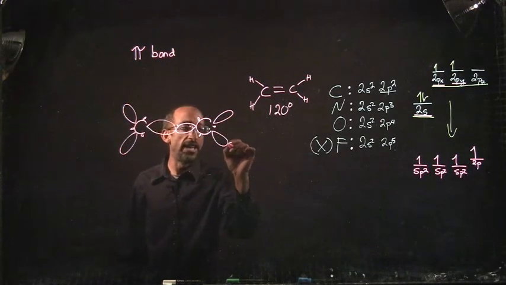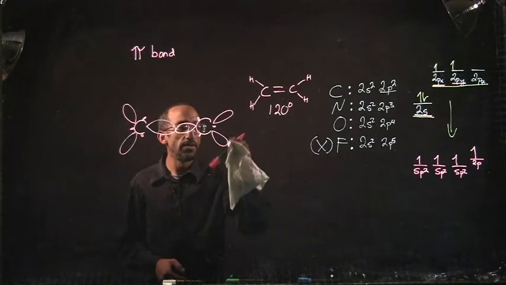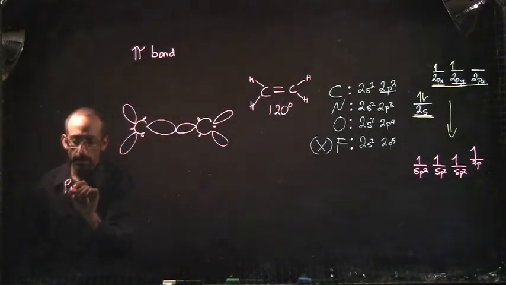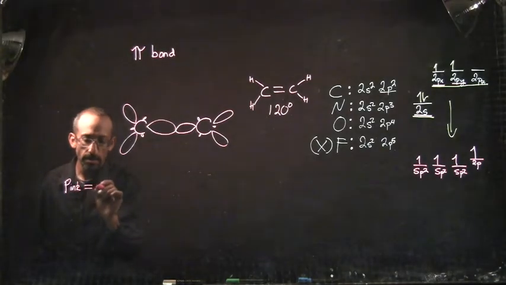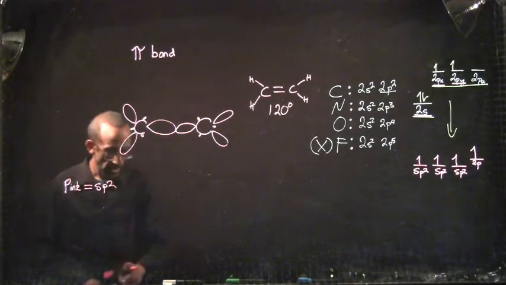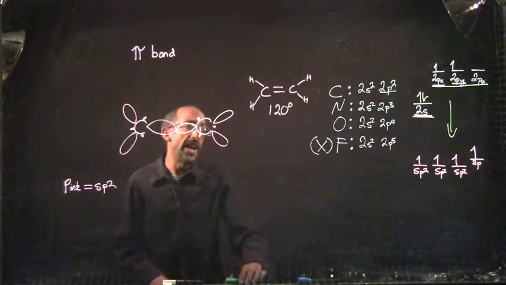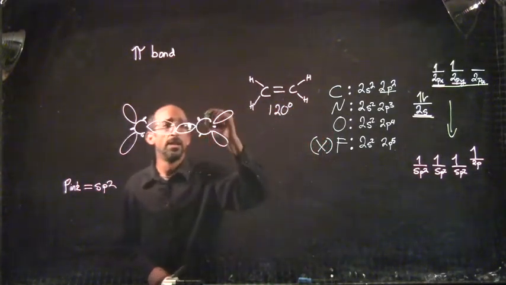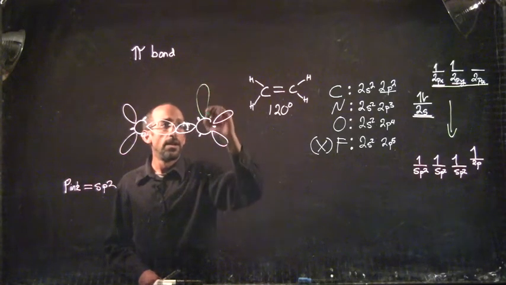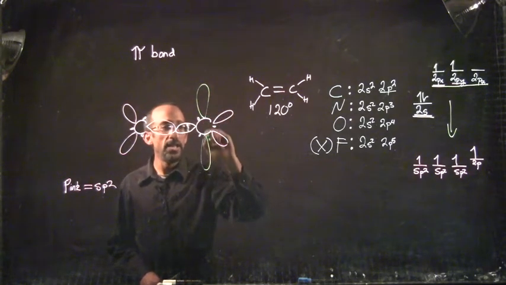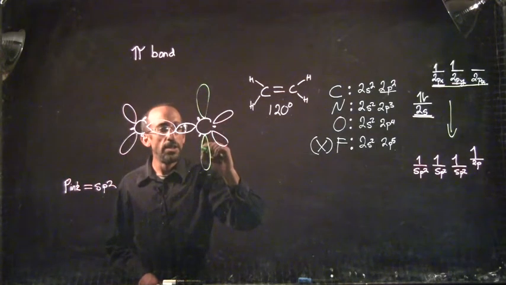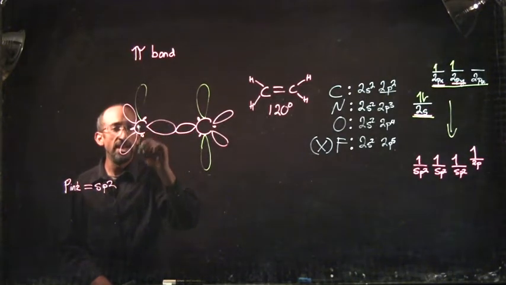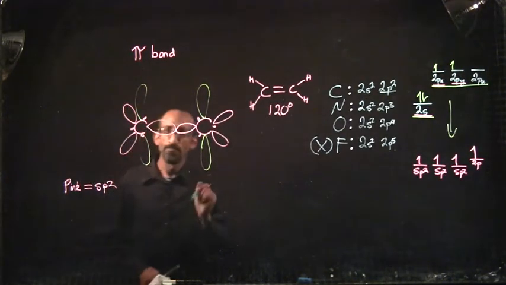So in pink are our sp2 orbitals. Now each of these carbon atoms still has an unhybridized p orbital on it, with equal lobes above and below the carbon atom. Lobe above and a lobe below.